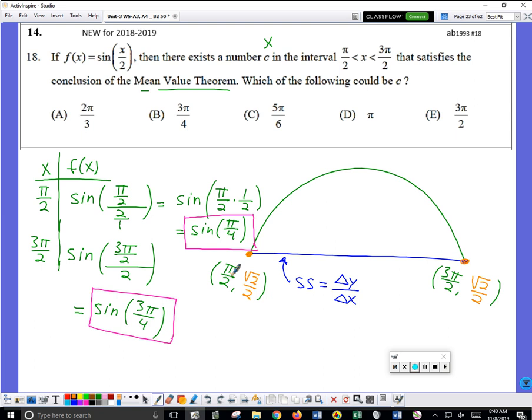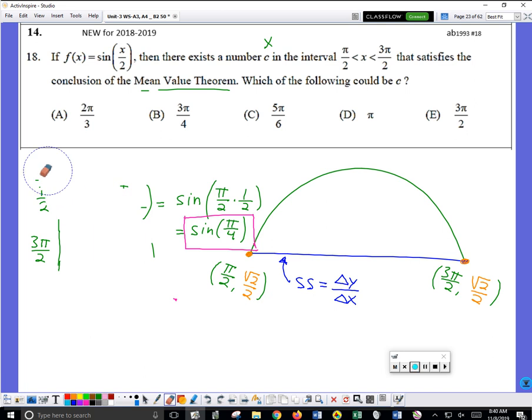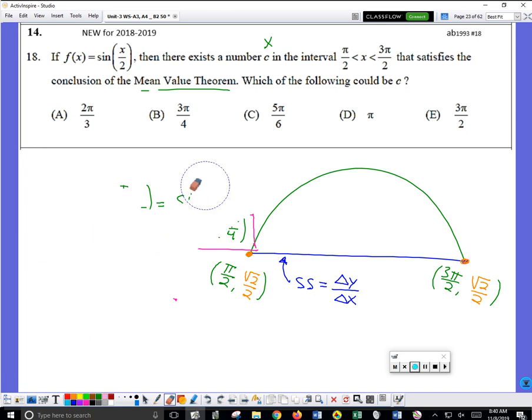So let's erase some stuff here now. So we know we've got our secant slope has a value of 0. 0 over pi over 2, but pi over 2 doesn't really matter.